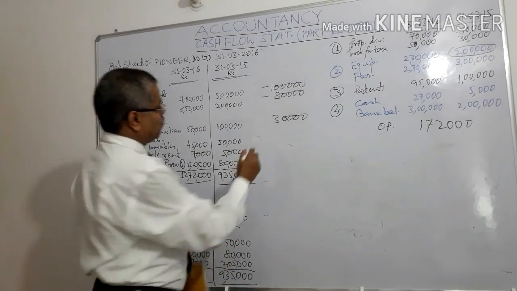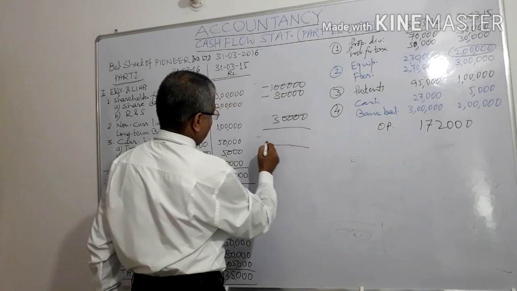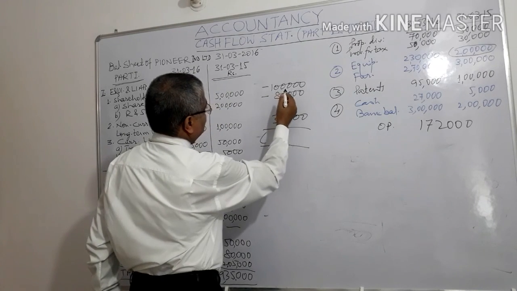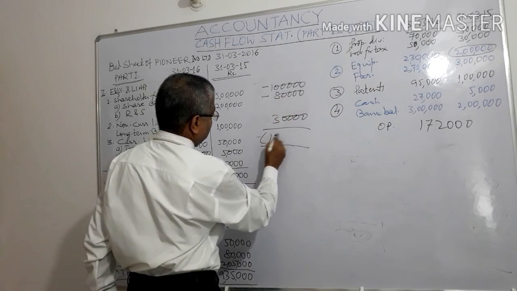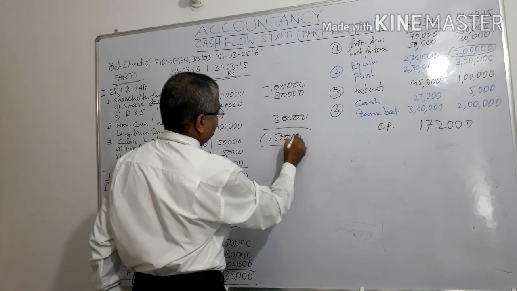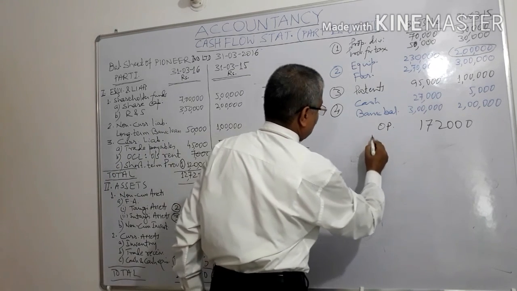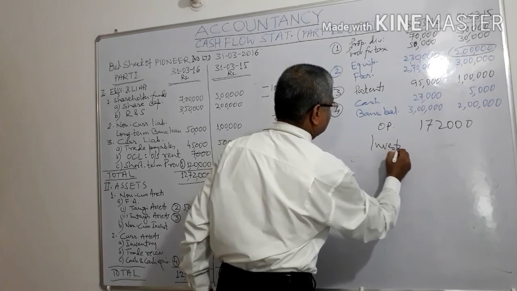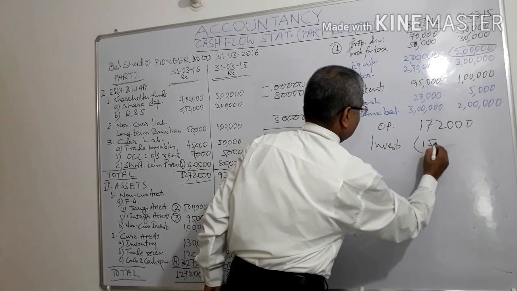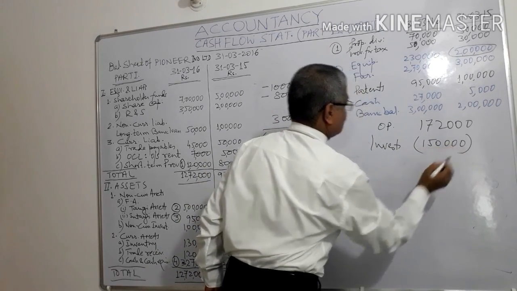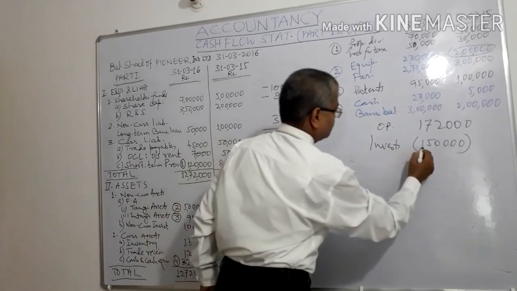So what do we get here? 180 minus 30, 150,000. So from investing we get negative cash flow of 150,000, right?